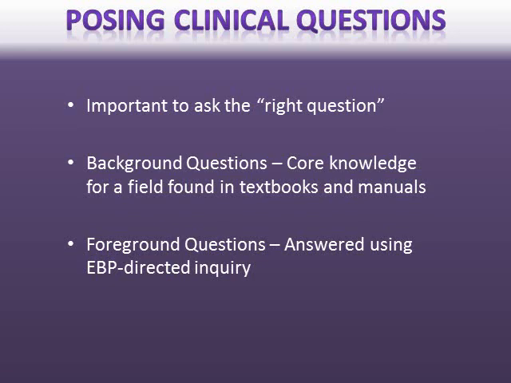What you want to find is a foreground question. This is a novel question that really hasn't been answered yet in a very established way within your field. Now, a way to answer this would be to go directly to the literature and start to assemble literature that addresses your clinical practice question.